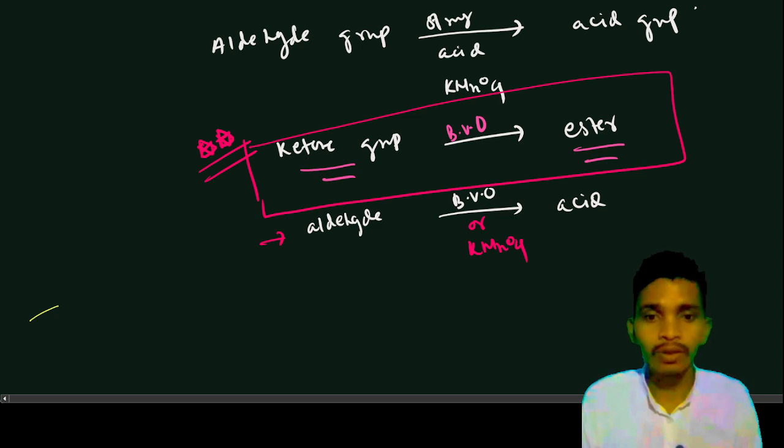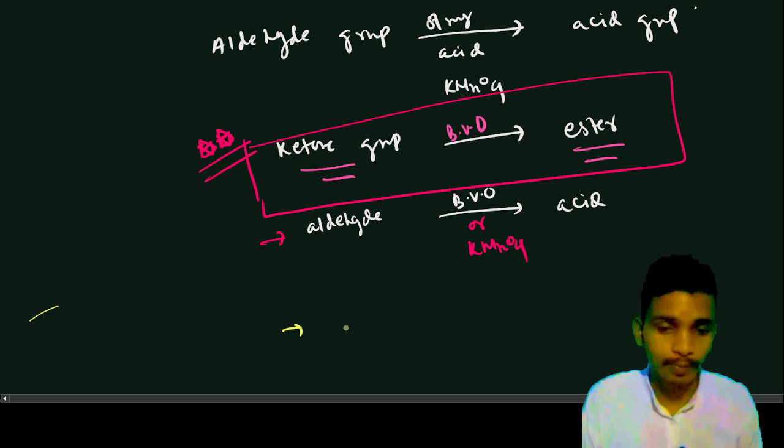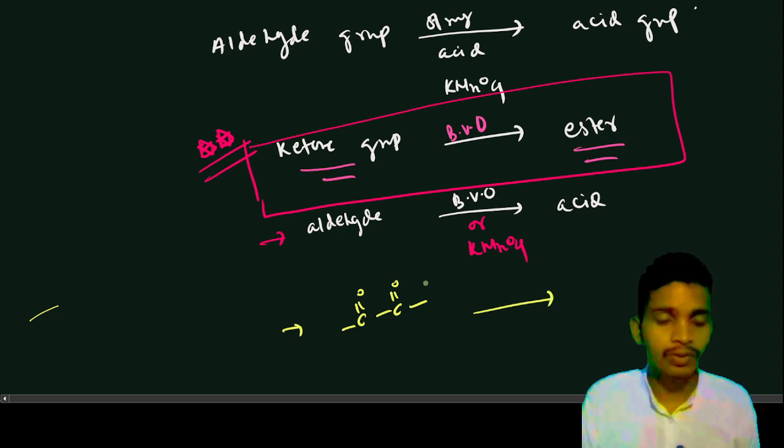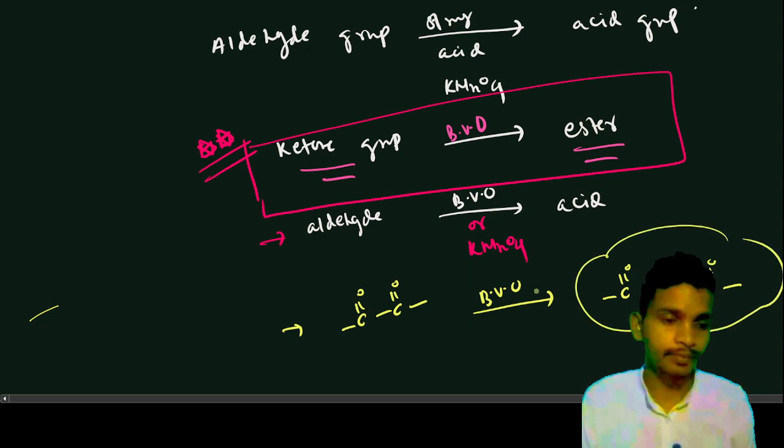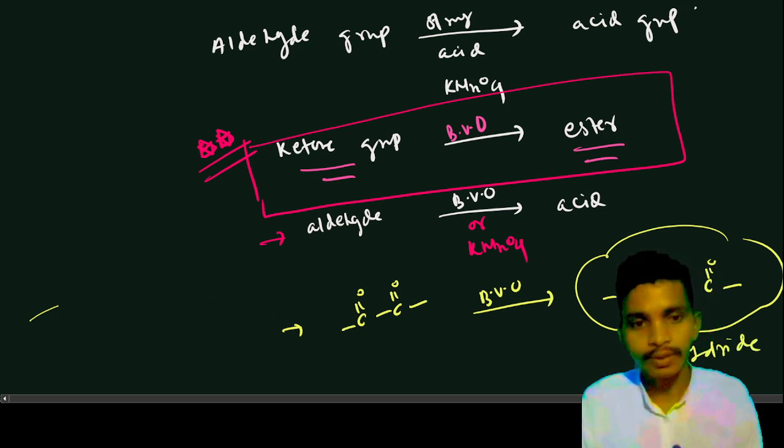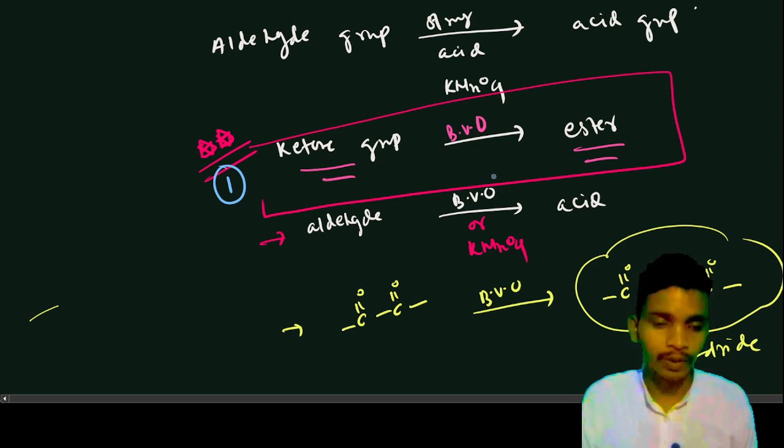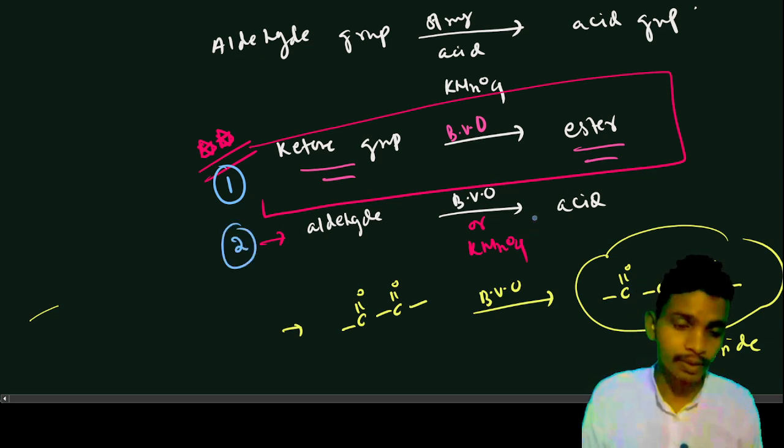Also, the Baeyer-Villiger oxidation is used in the conversion of diketones. If this type of diketone is there and you give the Baeyer-Villiger oxidation, then it will convert into the anhydride group. So the Baeyer-Villiger oxidation is used in these types of reactions. If a ketone group is there, we can use it. If an aldehyde group is there and you want to convert it into an acid, we can also use it.